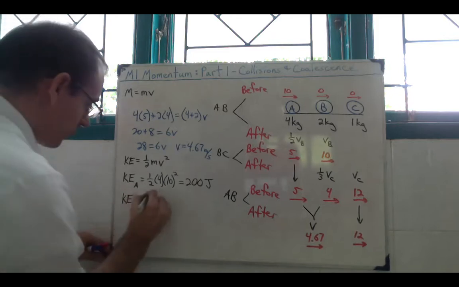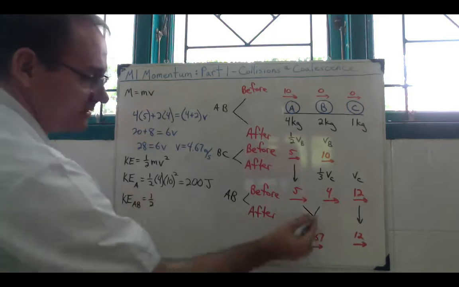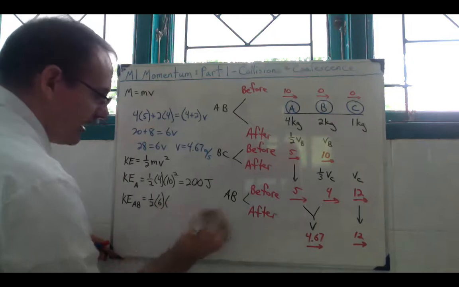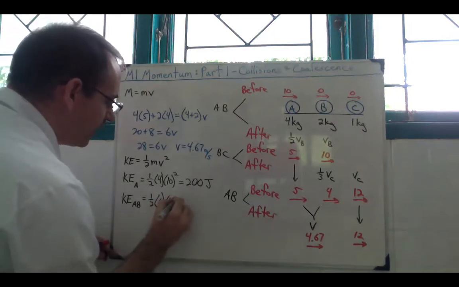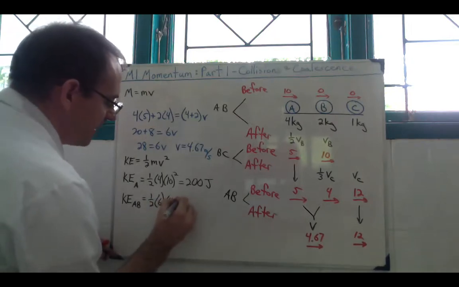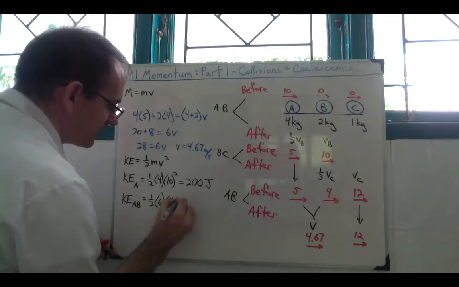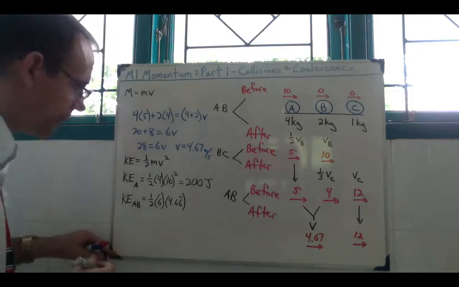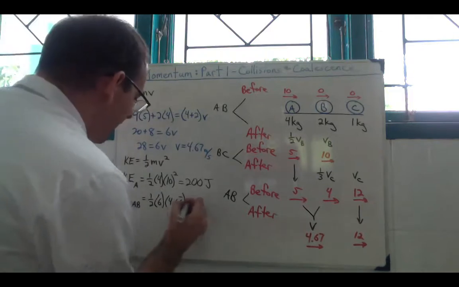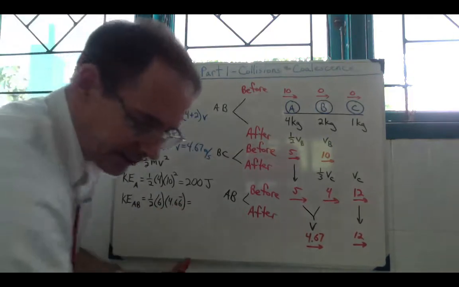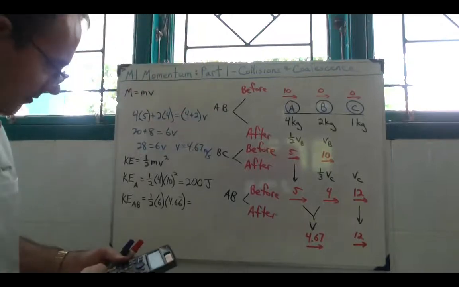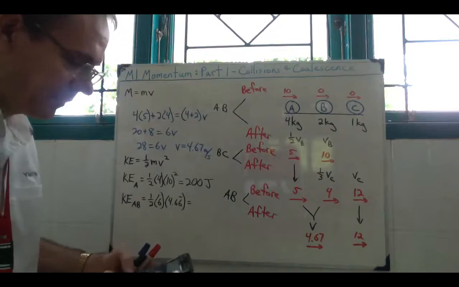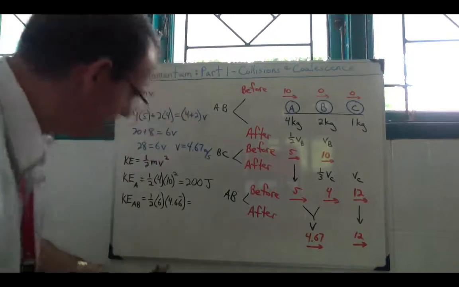equals 1/2. The mass is now 6 because it coalesced, and the velocity is 4.67. I'm just going to put 4.66 repeating so that we don't lose a significant digit there. And when we do this on our calculator, we get 1/2, so 3 times 4.666666 gives us 14.